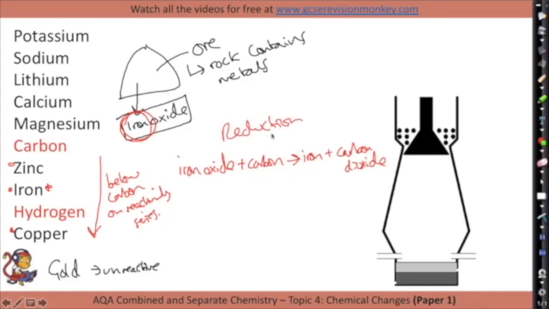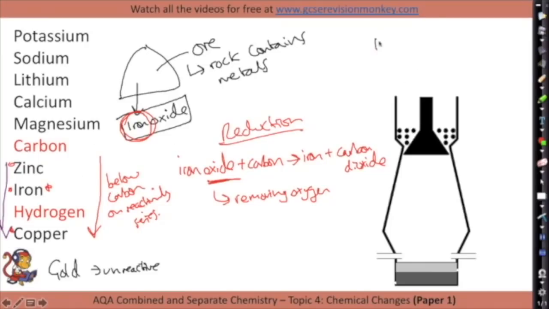It's called reduction because you are removing the oxygen from the ore. If you were to do this with magnesium oxide, nothing would happen because the carbon is not reactive enough to take away that oxygen. So this only happens for metals that are less reactive than carbon.